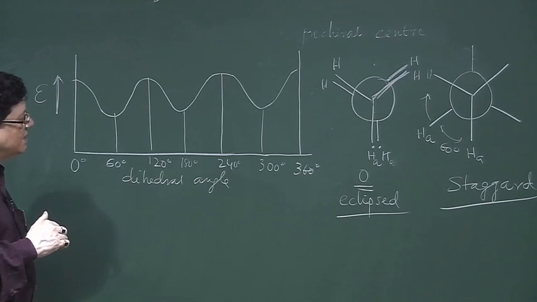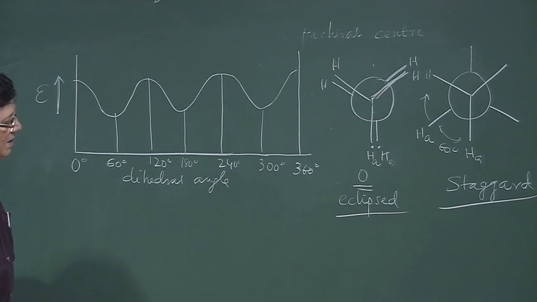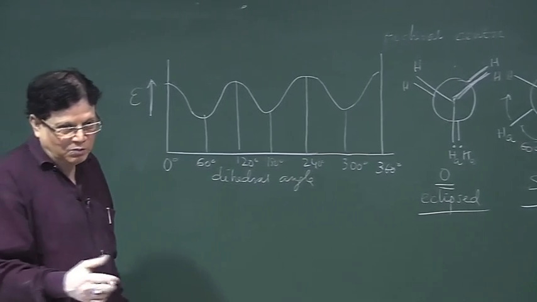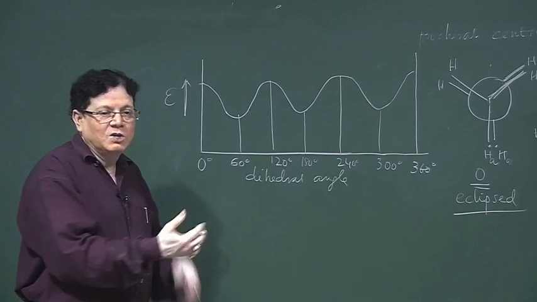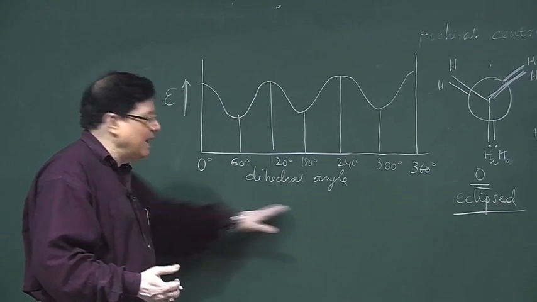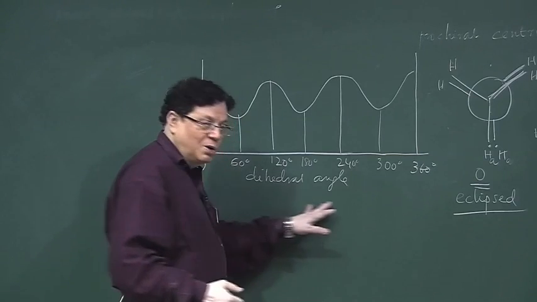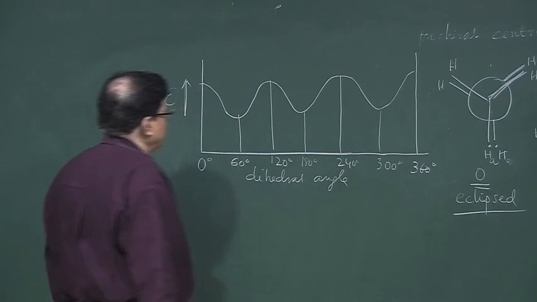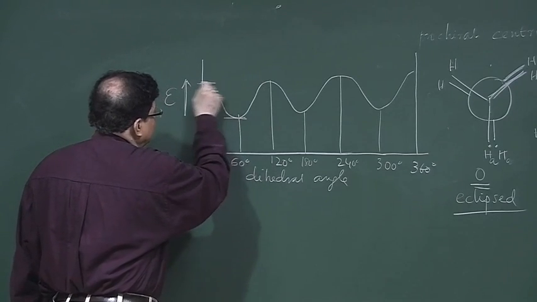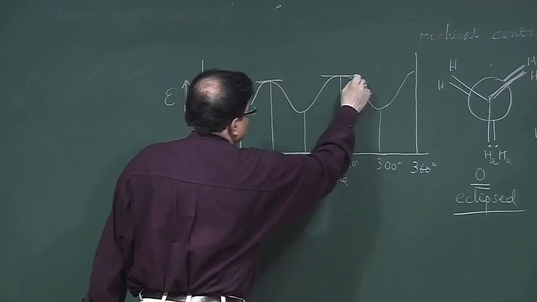Conformational analysis means several things: how the reactivity depends on the conformation, and how the energy varies with the conformation. So, this is the variation of energy with dihedral angle. By the way, this is also called torsional angle. Okay. Now, you see there is a maxima, so it alternates between maxima and minima.